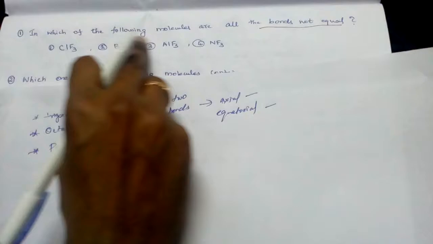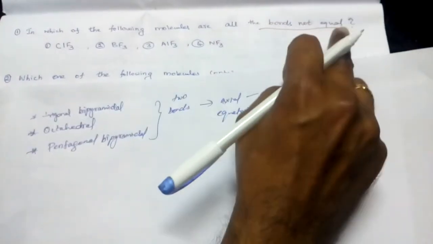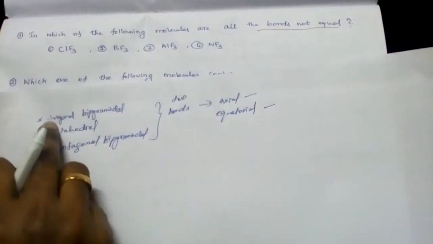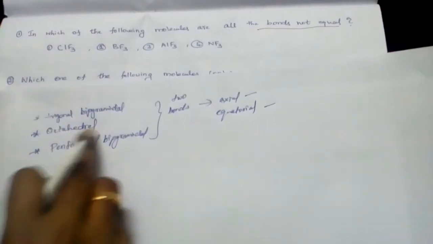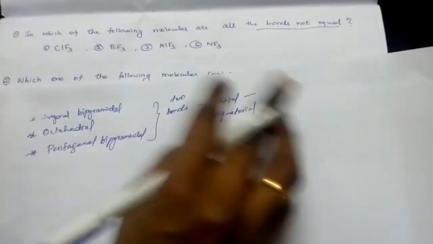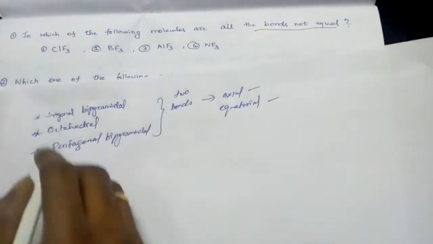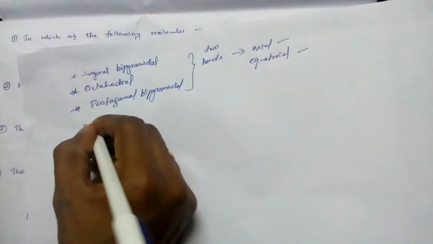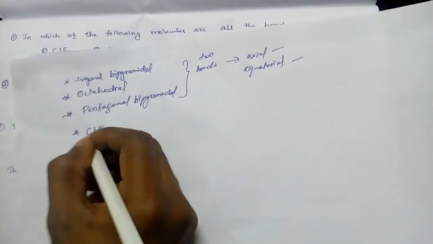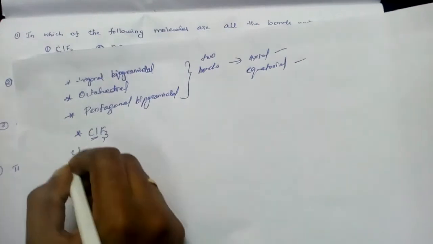So in which of the following molecules are all the bonds not equal? If a molecule has a geometry like trigonal bipyramidal, octahedral, or pentagonal bipyramidal, we have two types of bonds. That is the clue. So here ClF3, we can check ClF3. We know how to find hybridization. Here chlorine is the central atom.